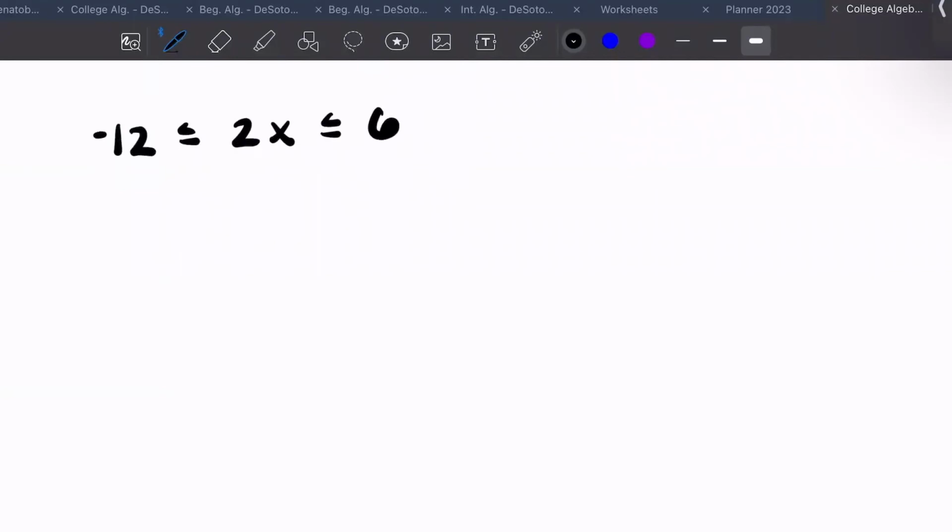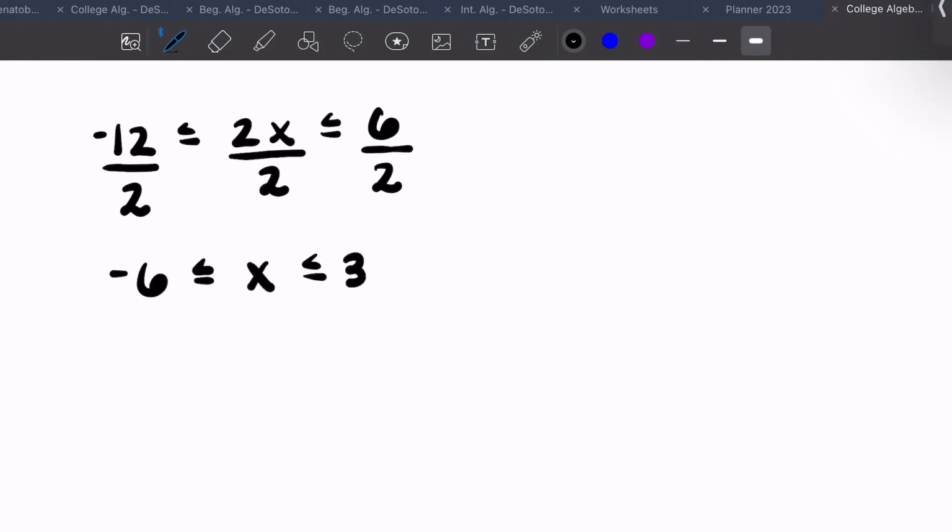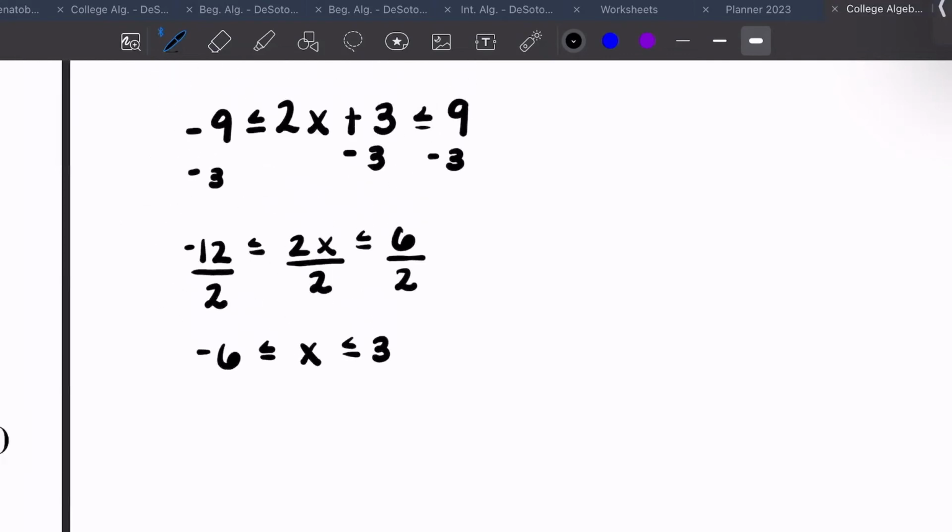And then we're going to divide by 2. Remember that we're only going to manipulate the middle. So we're going to be left with negative 6 is less than or equal to x is less than or equal to 3. Okay. So we sandwiched it.